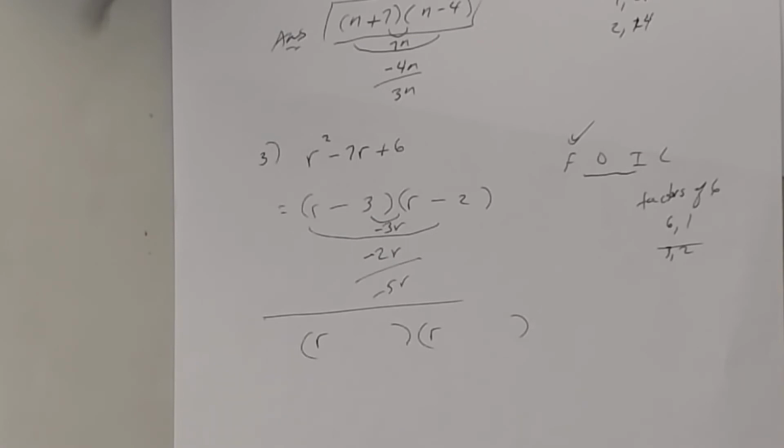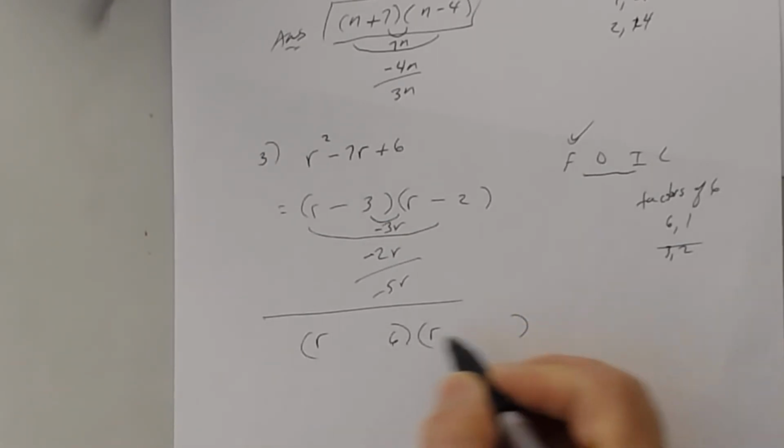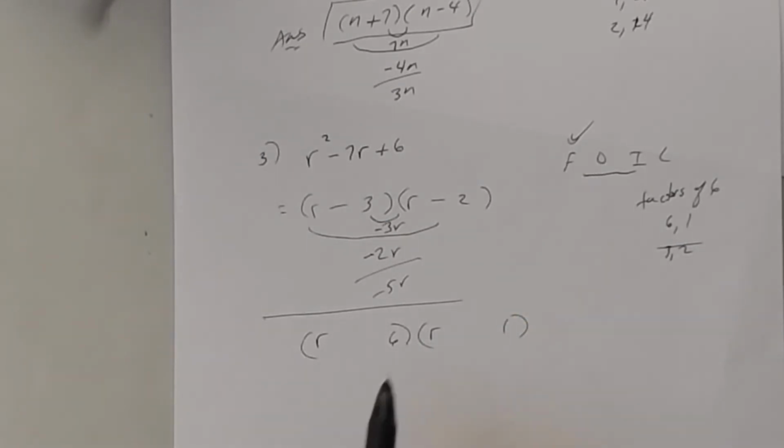No. If it doesn't work, it's not going to matter here because the coefficient of r squared is 1. But later on, it's not going to be 1 anymore, so we may need to reverse the order. So I'm going to put the 6 here, the 1 there. And I know that both of these signs better be negative.